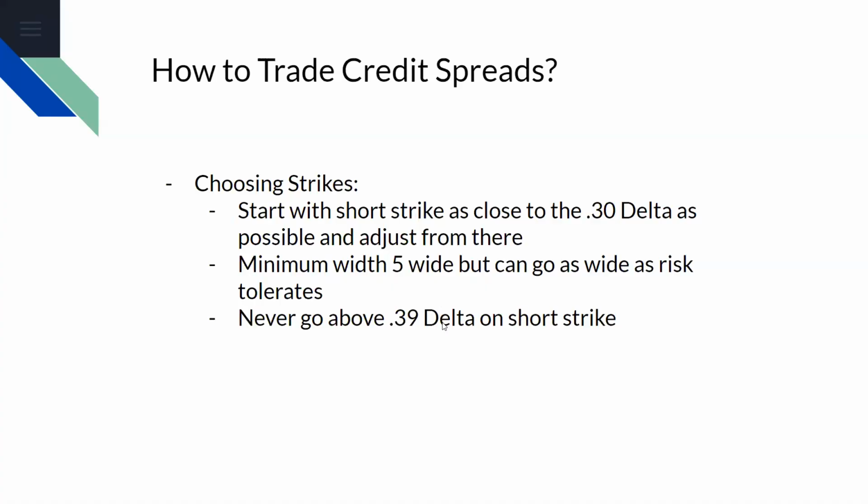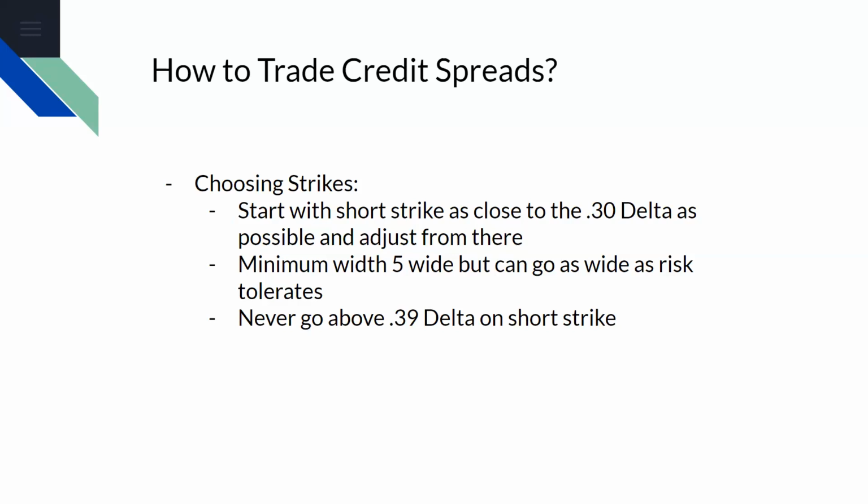Now that we've selected our expiration, the next thing that we have to determine is what strikes are we going to trade. So I always start with my short strike as close to the 30 delta as possible, and then I will adjust from there. I will also start with a 5 wide and then adjust again based on risk tolerance and based on premium.